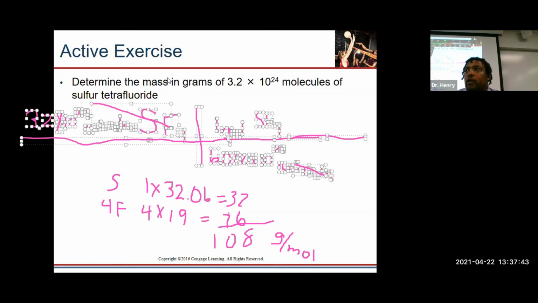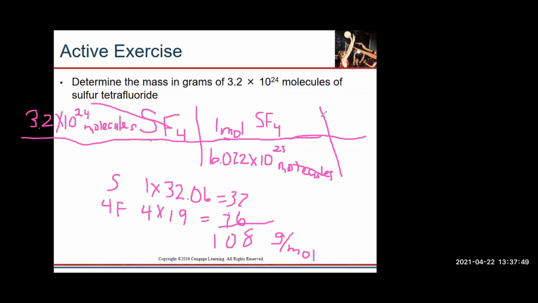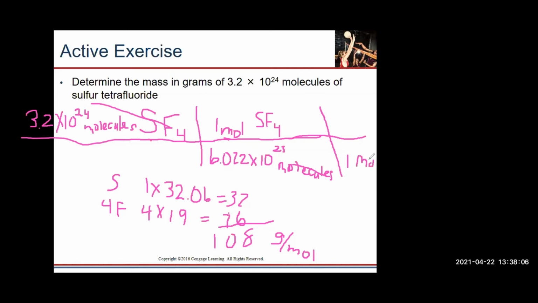So if I want to get rid of my moles and get to grams, what do I need to do? Cancel out the mole? Okay, so I have 108 grams per mole. You guys know that means grams per 1 mole. So I'm going to put the mole on the bottom. Is that what you're telling me? Yeah. 1 mole. And then I'm going to put 108 on top. Yep.